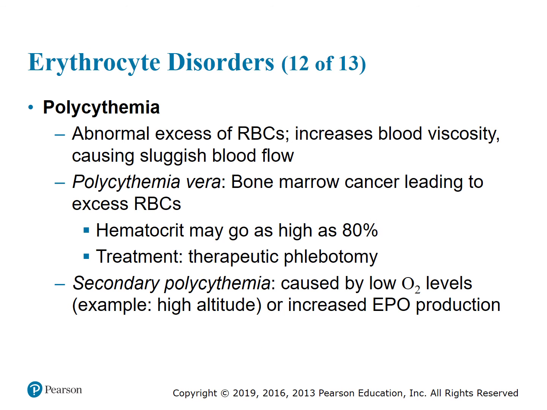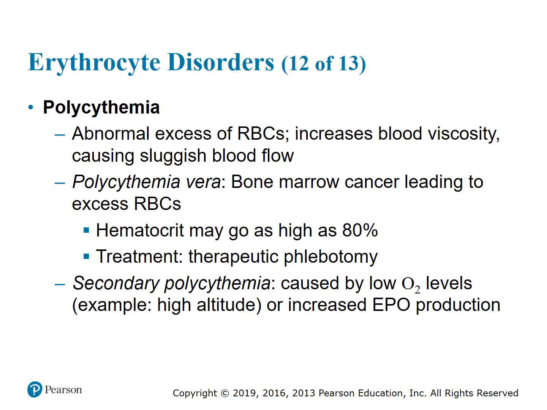Polycythemia is when there's an abnormal excess of red blood cells, which increases blood viscosity, causing sluggish blood flow. Polycythemia vera is due to bone marrow cancer leading to excess red blood cells. The hematocrit may go as high as 80%, and treatment is therapeutic phlebotomy.